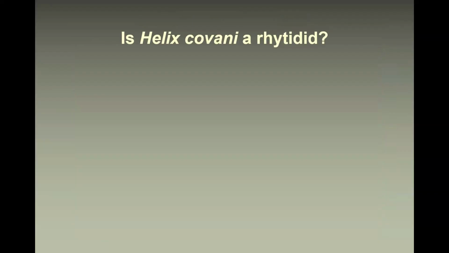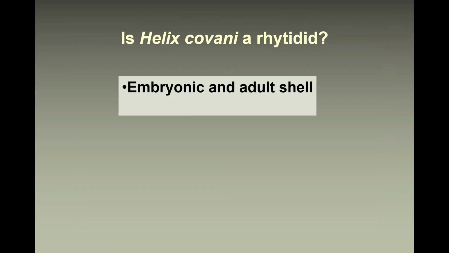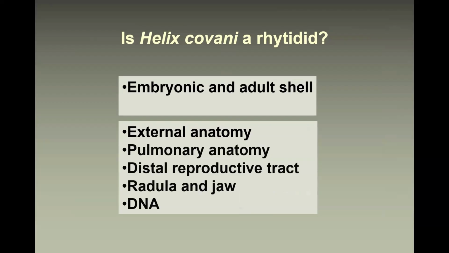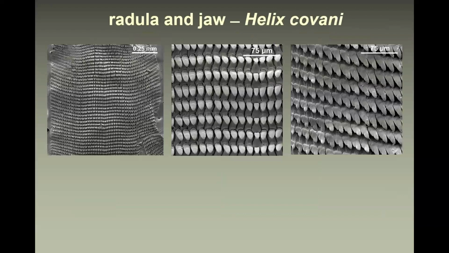And the question was, is it a Rhytidid? Well, we could look at the structure of the embryonic shell and the adult shell. We could look at the external anatomy, the pulmonary anatomy, the distal reproductive tract, and the structure of the radula and the jaw, and we could also look at the DNA. So the radula and the jaw first.